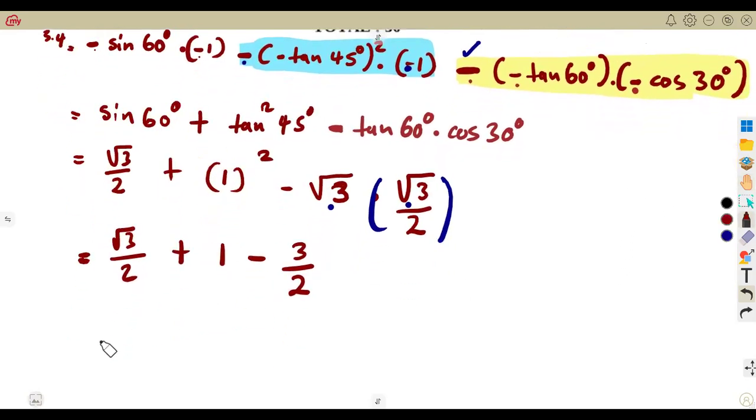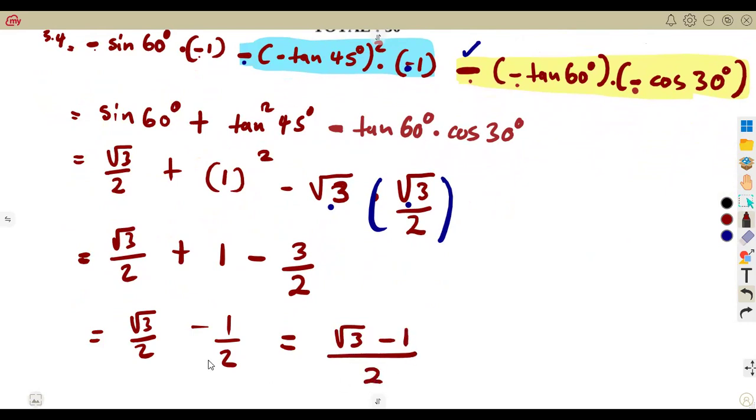It was going to be -half if we simplify the square root of 3/2, 1 minus 3/2, that's a -half. Since the denominators are the same, we can simply combine the numerators, which is square root of 3 minus 1 over 2. So that is how questions can be like.